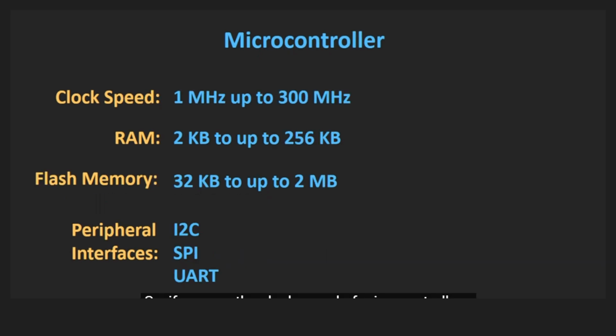Coming to the microcontroller, the clock speed is 1 MHz up to 300 MHz, the RAM size is 2 KB to 256 KB, the flash memory size is 32 KB to 2 MB, the peripheral is the I2C bus, and the interfaces are UART and SPI.